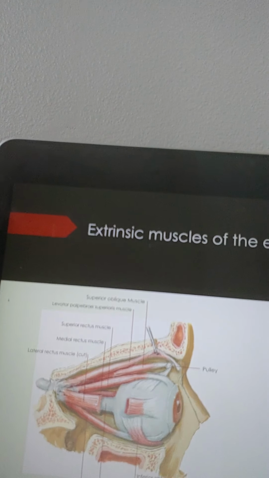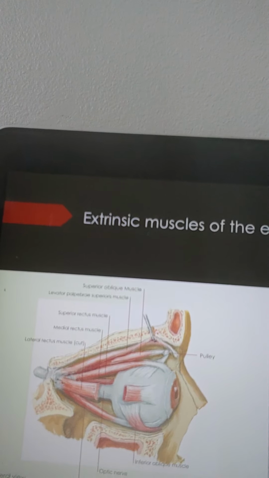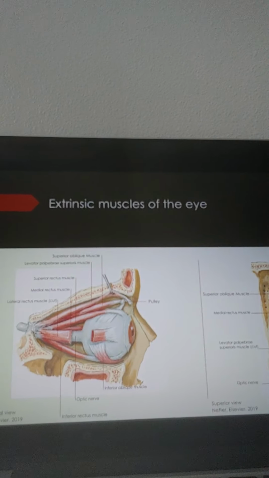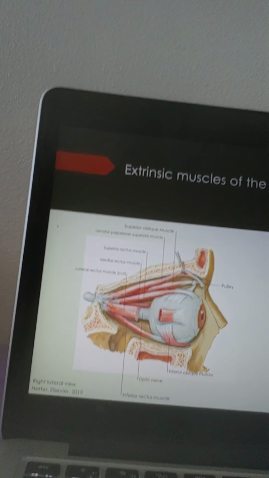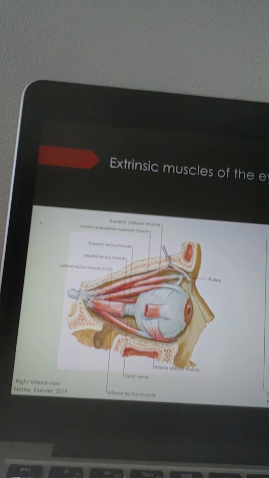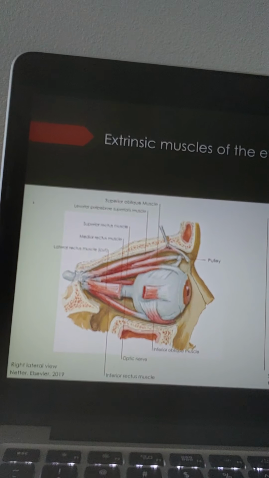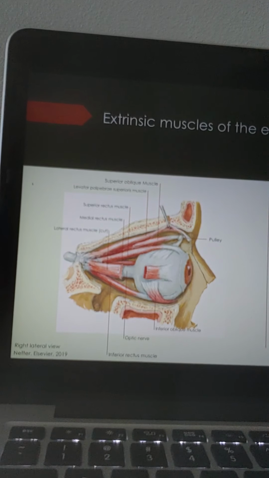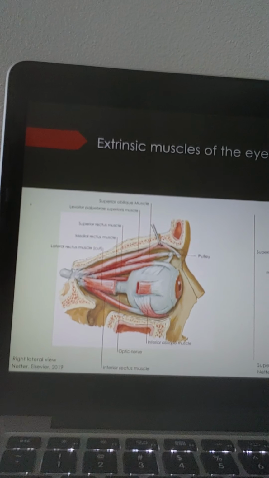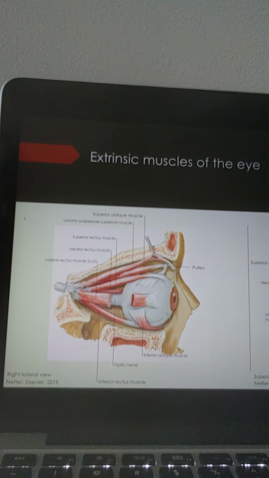Alright, so a little bit about the anatomy of the extrinsic eye muscles. As you can see here, they are attached to the outside of the eye. There are lateral, superior, inferior, and oblique muscles, and they are all used to move the eyeball so you can look around your environment.